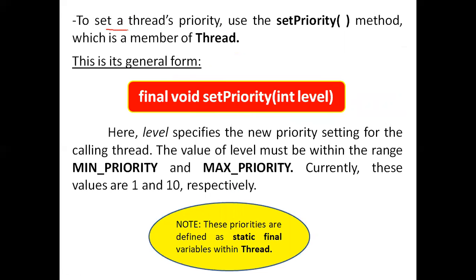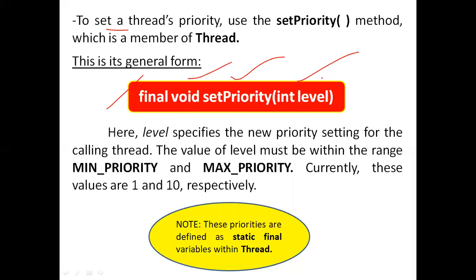Now, if you want to change the priority of any thread, for example, initially if it has thread priority 5 and you want to change it to 10, you can do that by using a method called setPriority. This is the signature of that: final void setPriority, and you have to provide the level as the parameter, something like 10, 8 or 5. If it initially has only 1 as low priority and you want to change it to 5, you can do that.